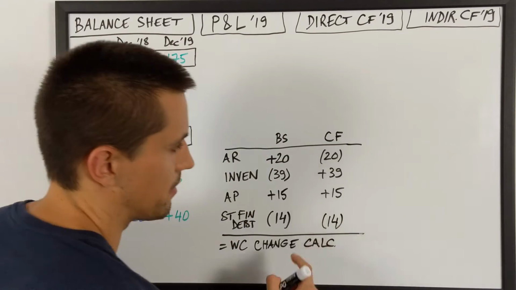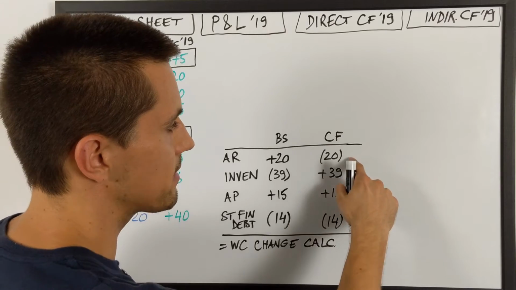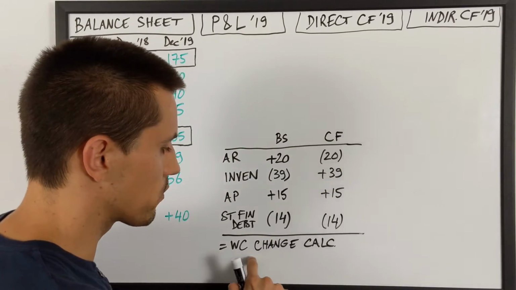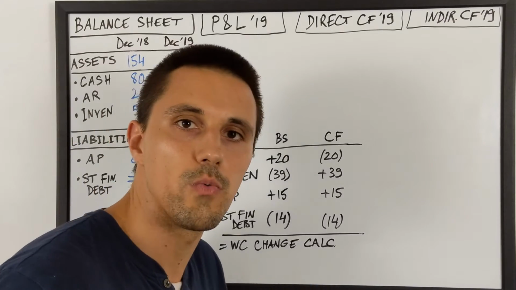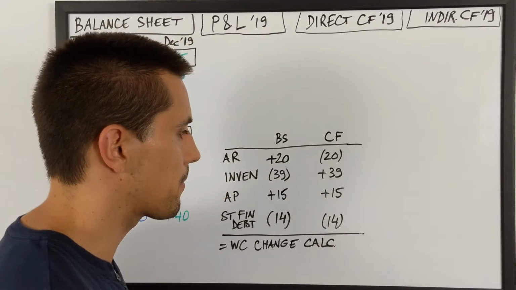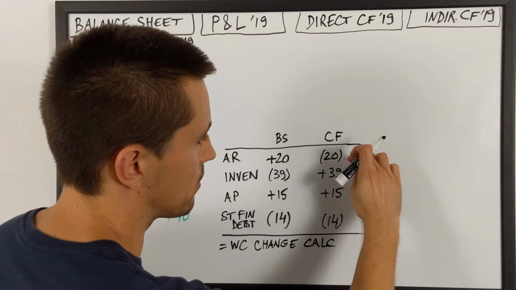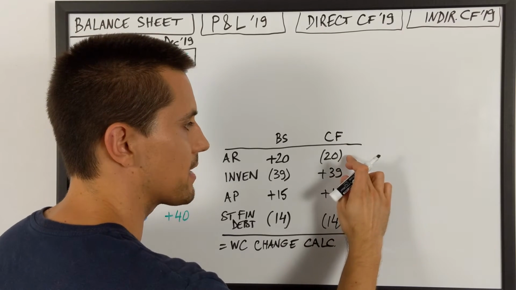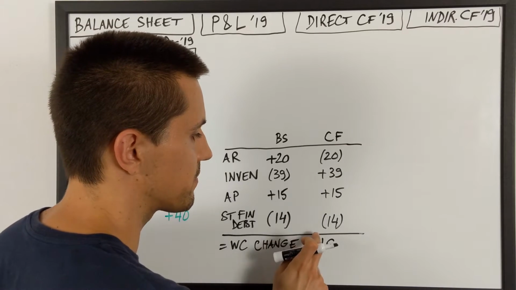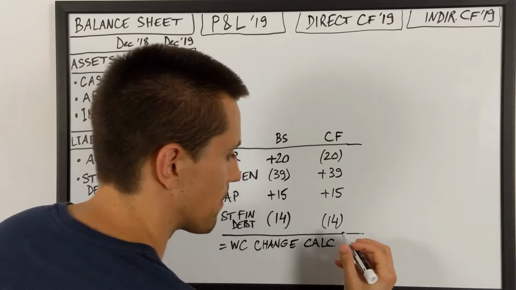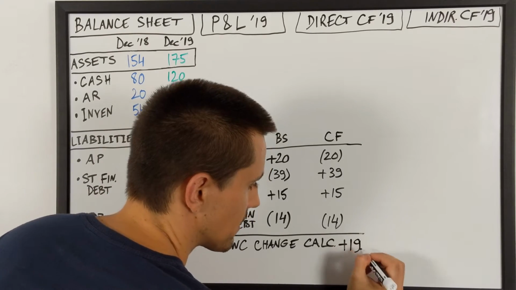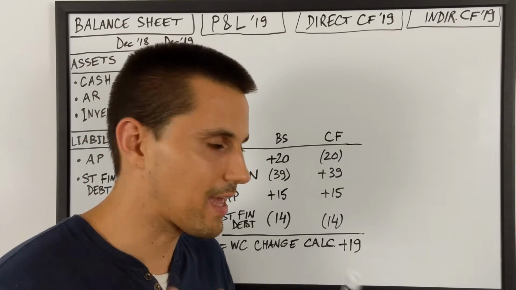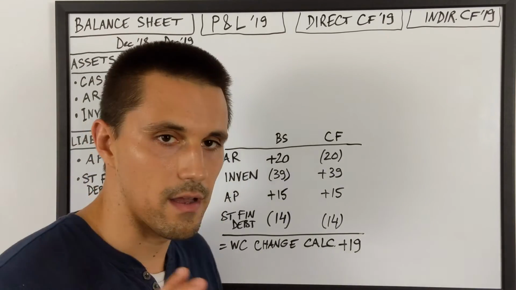Okay, so now when we sum up here, minus 20, remember what's the name of the game here? We want to calculate a working capital change, which means we want to know what was the effect of the working capital on our cash. So we just have to sum up our cash effect positions here, and when we do it, minus 20 plus 39 plus 15 minus 14, that's a positive of plus 19, which means my working capital variation from one year to the other had a cash effect of plus 19.